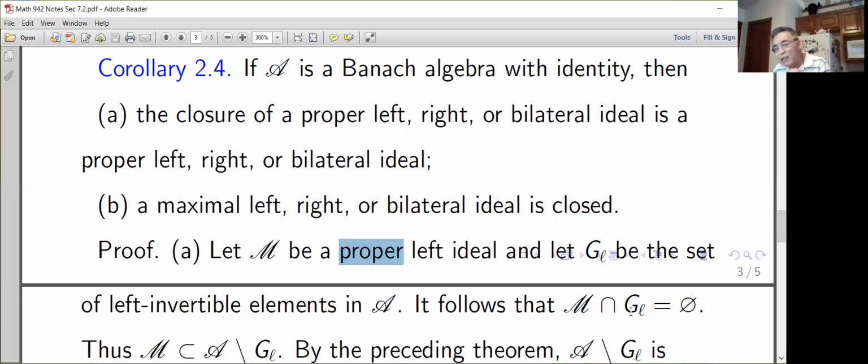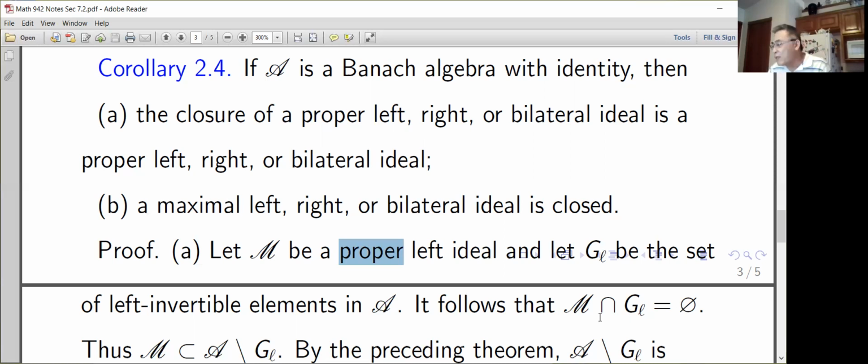A proper right ideal does not contain any right invertible element. Any proper ideal does not contain any invertible element. So we should keep that in mind.